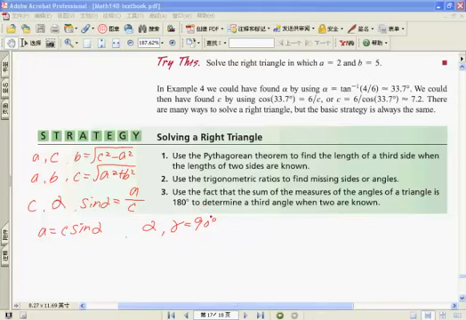Then you can use the fact that alpha plus beta plus gamma equals 180 degrees to find the third angle, beta. So this is the strategy for solving a right triangle. Now, let's look at some applications of solving a right triangle. Let's look at some word problems.